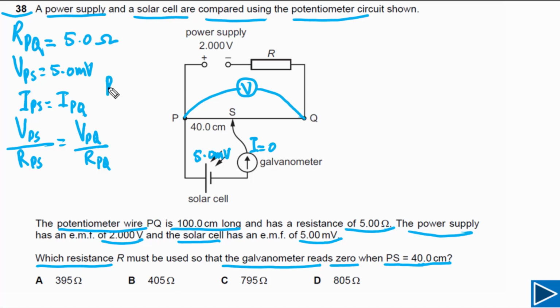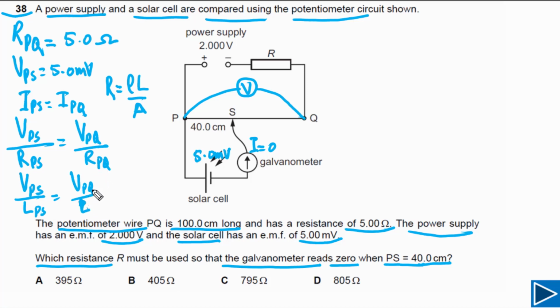For the same wire, resistance is equal to rho L by A. As the wire is the same, it means rho is the same and A is the same. So resistance is simply depending on L. So we can replace resistance with L. So we can say VPS over LPS is equal to VPQ over LPQ.